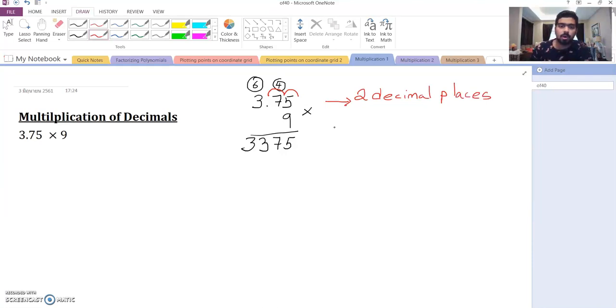So on the answer we must also write 2 decimal places. So we have 1 and 2. We'll be putting the decimal point right here, and this would be our final answer. So the final answer would be 33.75.